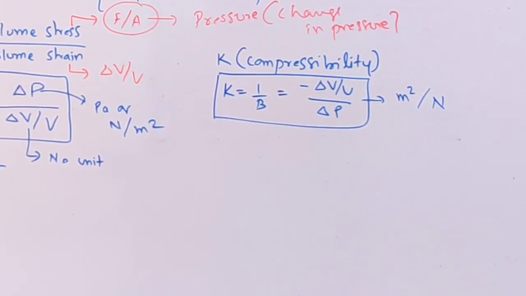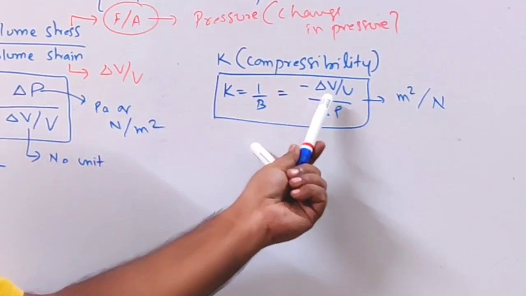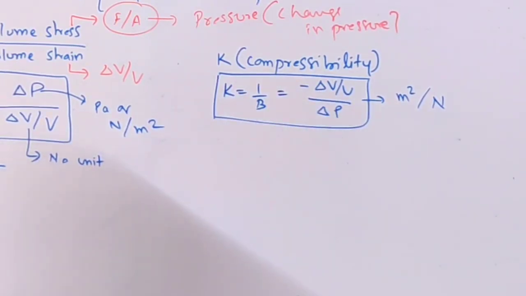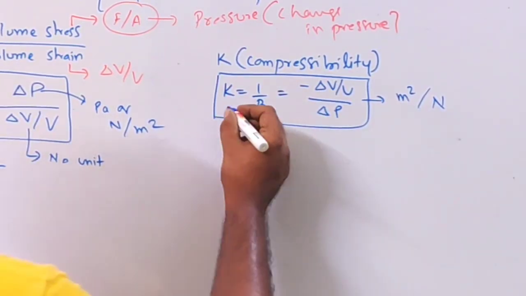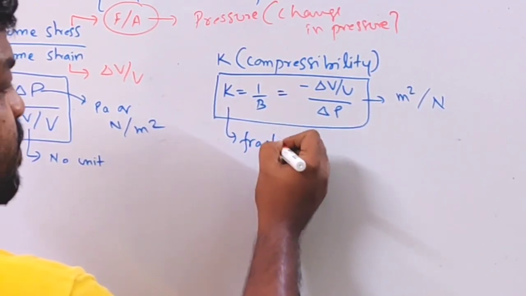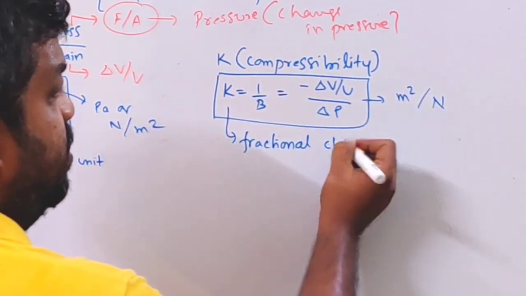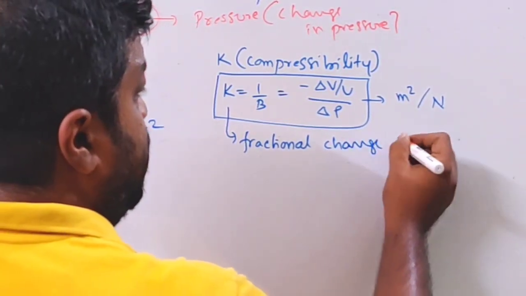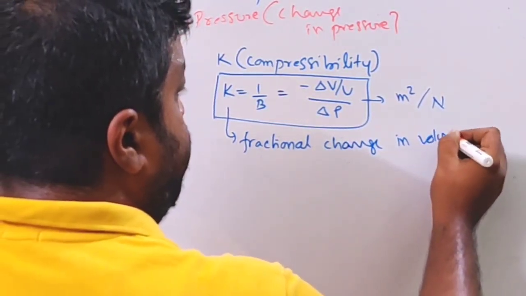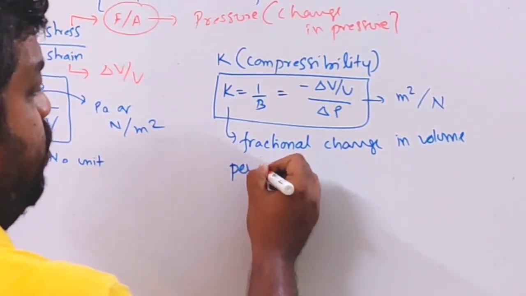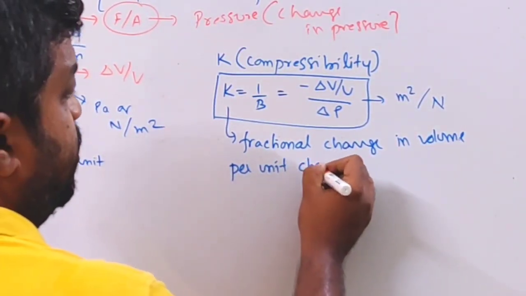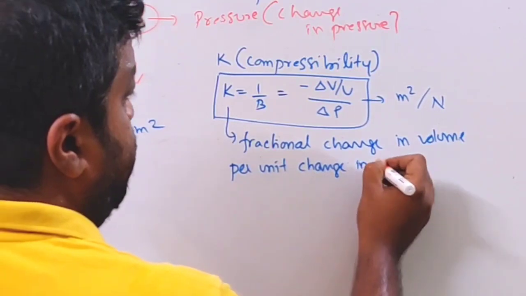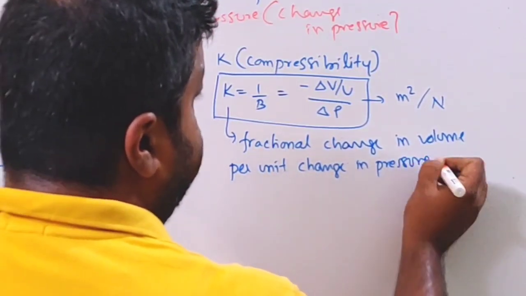It can be defined as fractional change in volume per unit change in pressure. Delta V by V is the fractional change in volume, per unit change in pressure.